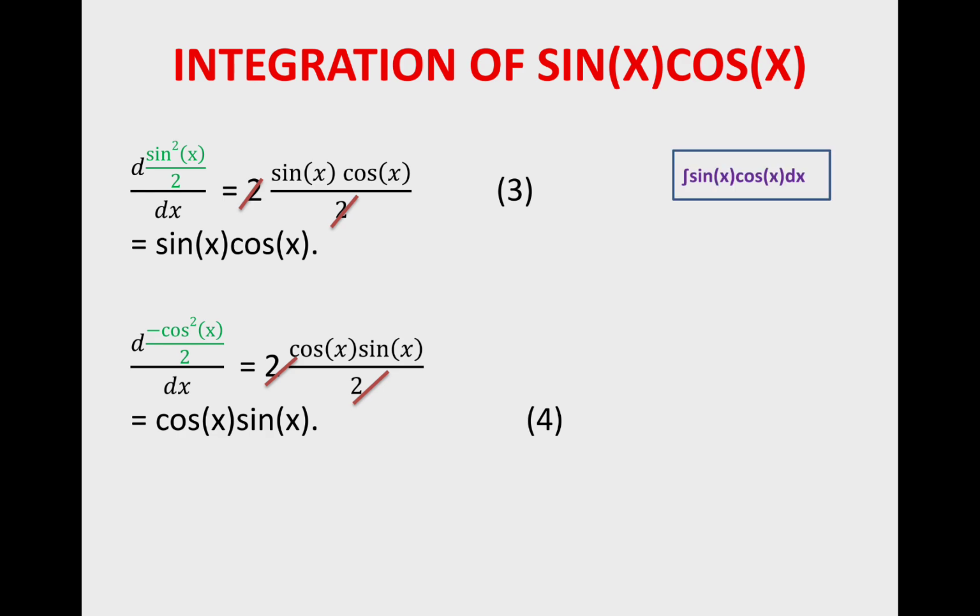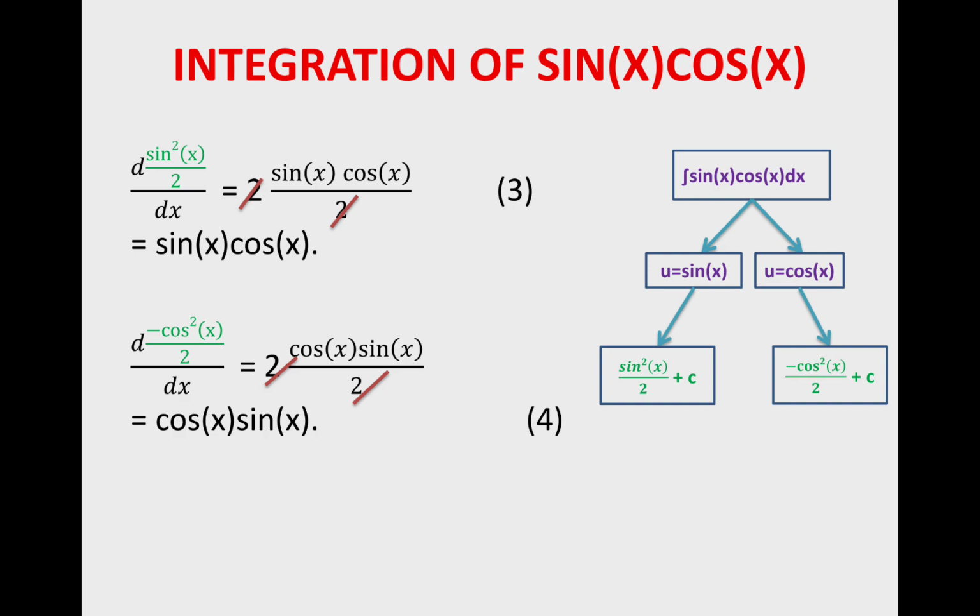To summarize, we started with integration of the function sine x cosine x, and then we used substitution, one time u equal to sine x, the second time u equal to cosine x. The result of substitution of u equal to sine x is sine squared x over 2 plus c. The result for using u equal to cosine x is negative cosine squared x over 2 plus c.